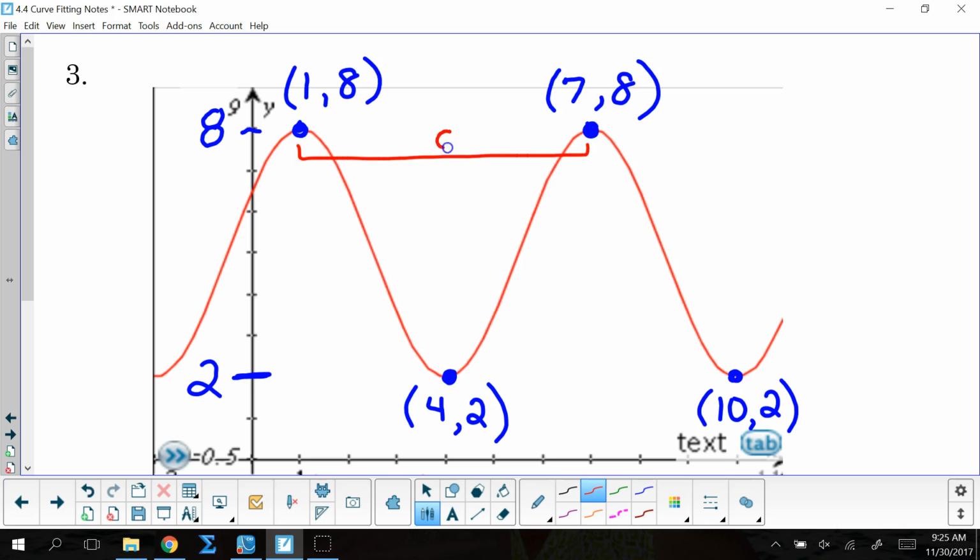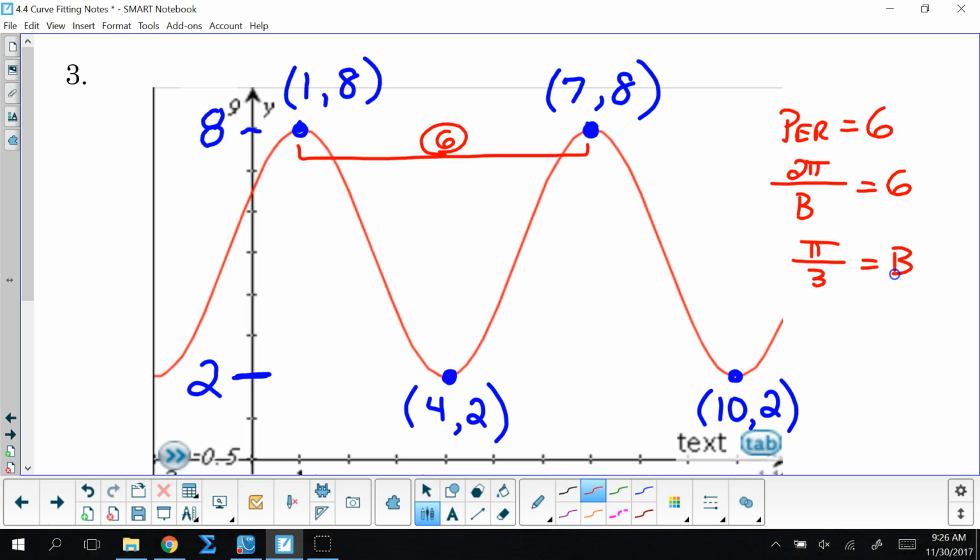That's going to give me a horizontal distance of 6, right? So that means that my period is equal to 6. So 2 pi divided by b is equal to 6. So pi over 3 is b.